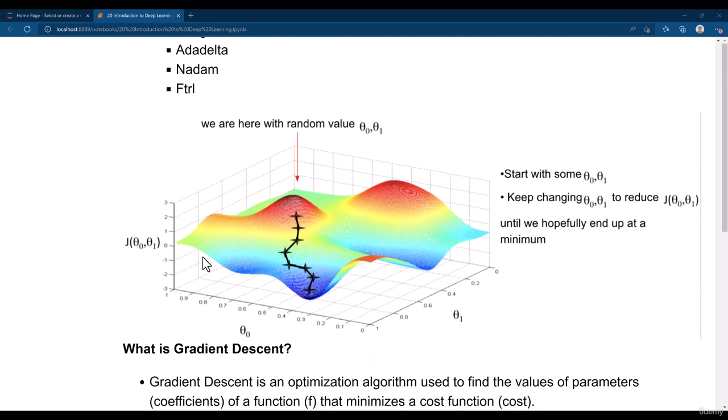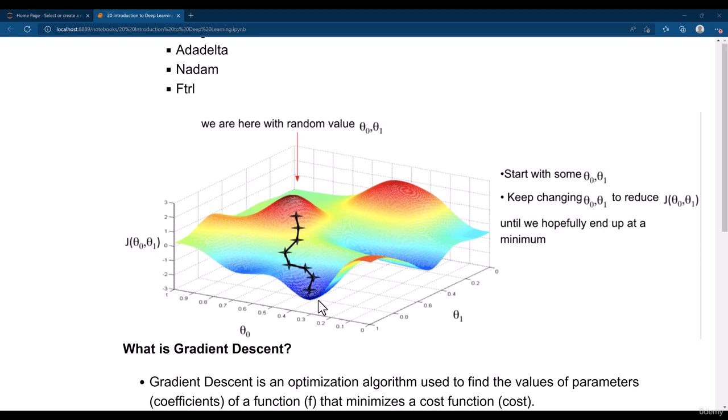Suppose this is your loss function, and this is the plane of your loss function. Alright, and you start your training from this particular point. Your goal is always to go deep down somewhere in the valley. This valley says how low an error you can achieve.